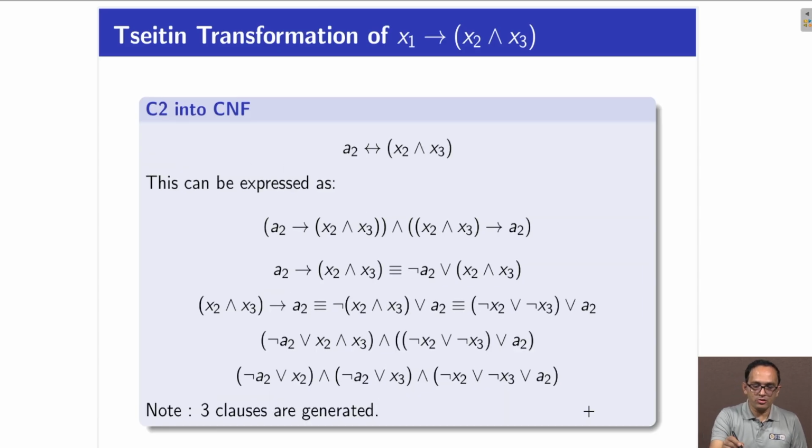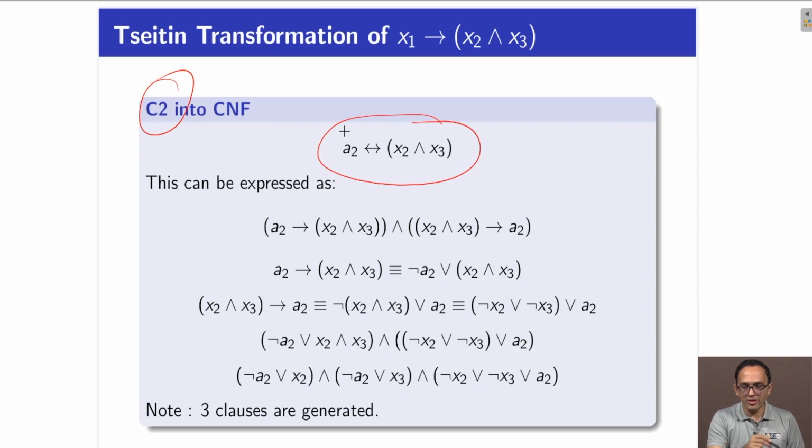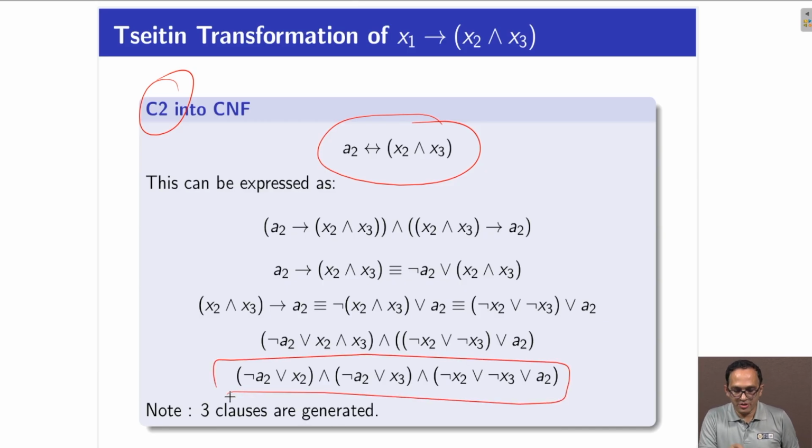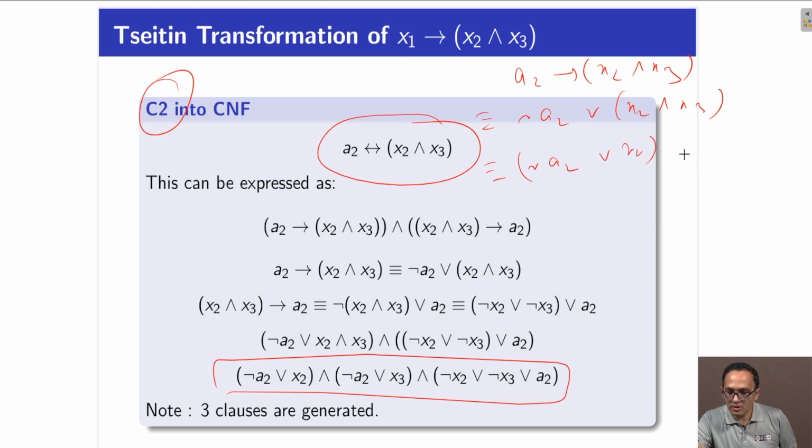And similarly, if you take clause 2 and do the same way, I will get three clauses like this. Here I think there is a little bit of a mistake, so I can actually show you what is happening. I will get A2 implies x2 and x3, which is equivalent to not of A2 or (x2 and x3), which is equivalent to (not of A2 or x2) and (not of A2 or x3). So I get two clauses from this one.